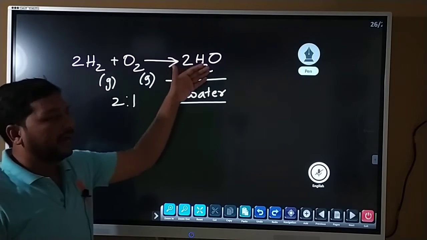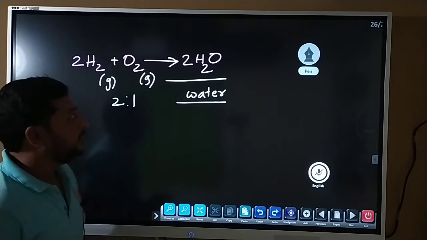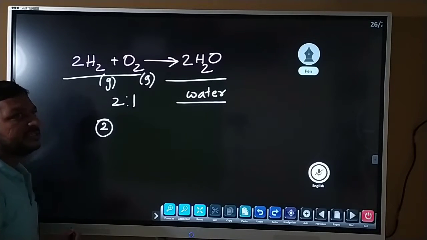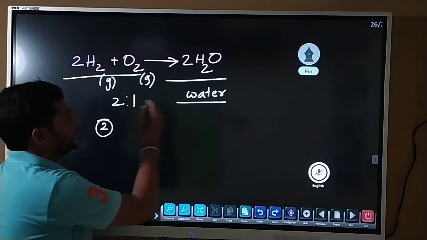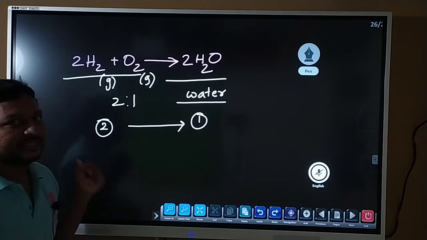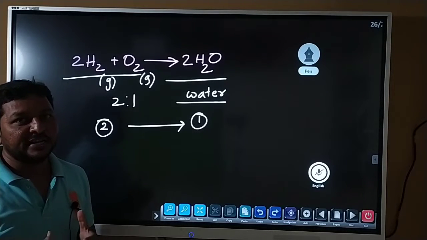Then they chemically combine and we get the water molecule. Here also there are 2 reactants; two or more reactants combine and form one product. So this type of chemical reaction is called chemical combination.